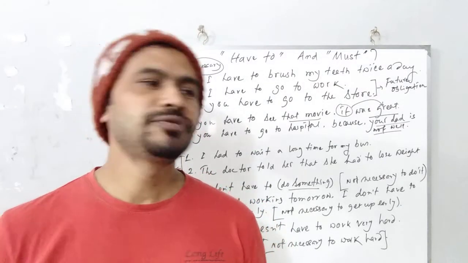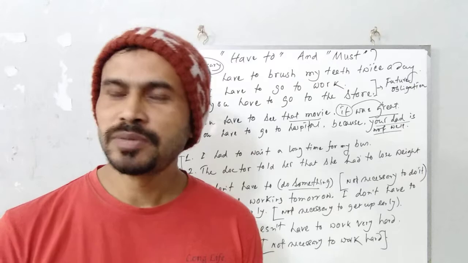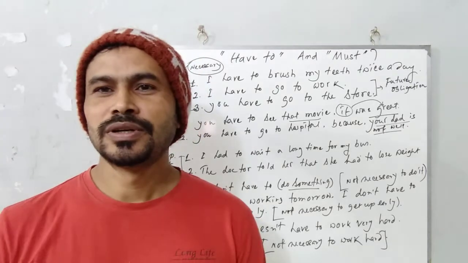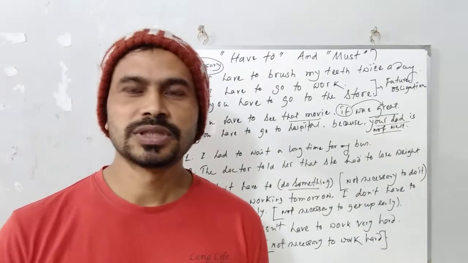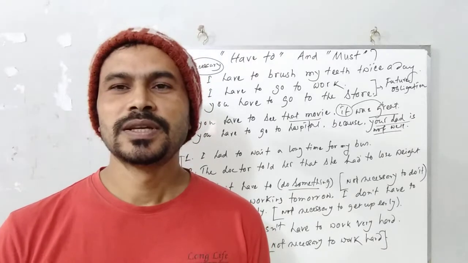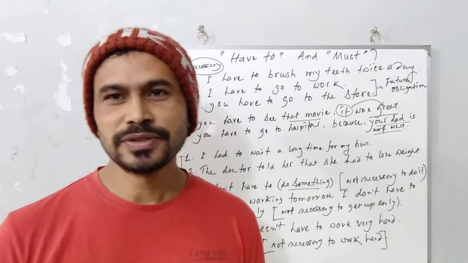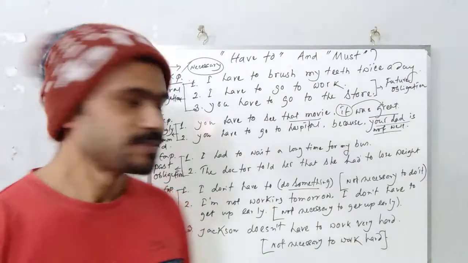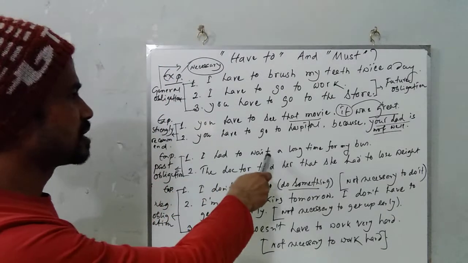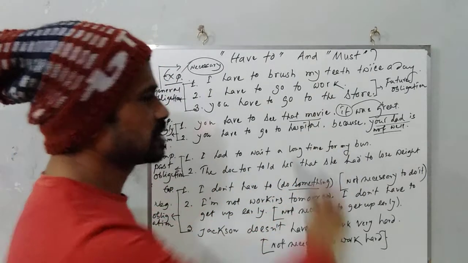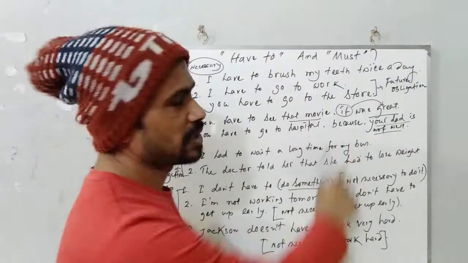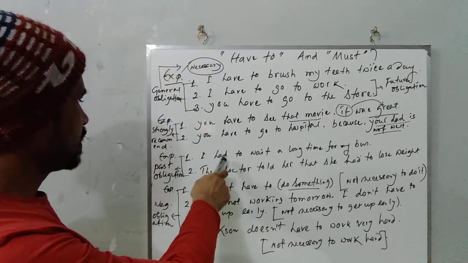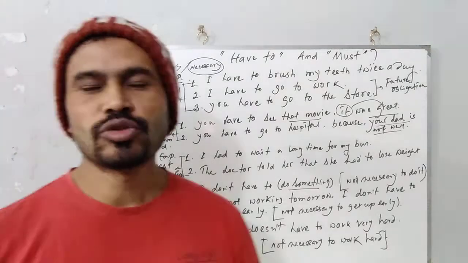"Have to" is used for future obligation, and "had to" is used for past obligation. So my friends, remember it. Don't forget it. I had to wait a long time for my bus. So this sentence means past obligation.